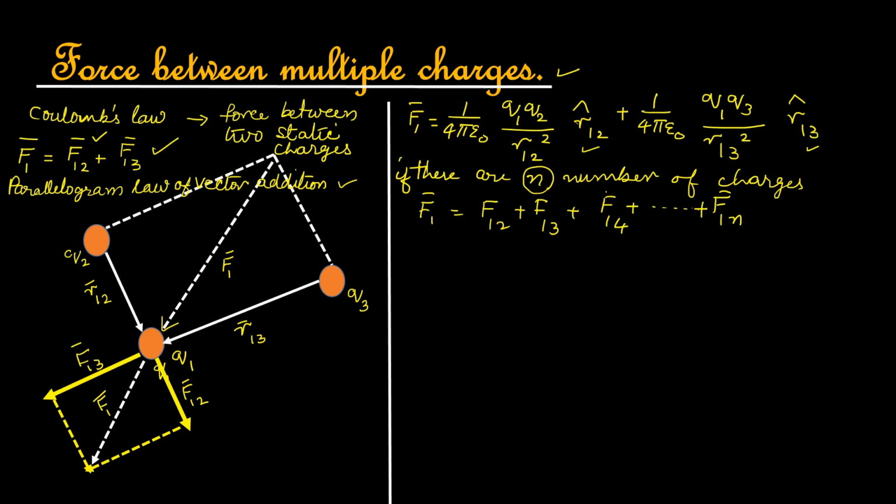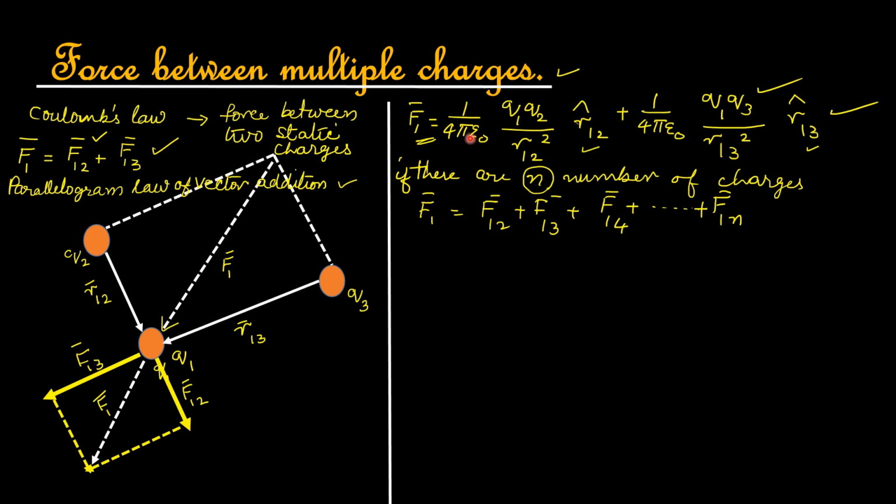So F1, the force experienced by Q1, will be the vector sum of all the forces exerted by all these n number of charges. In this equation above, we have represented F12 and F13 in its vector form.